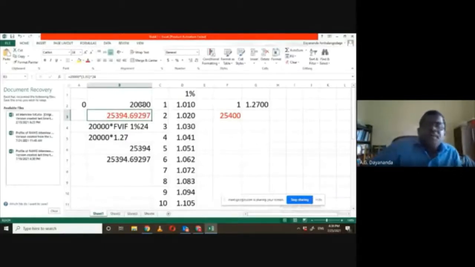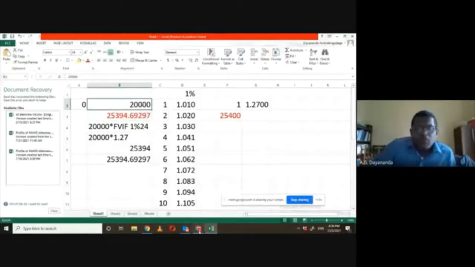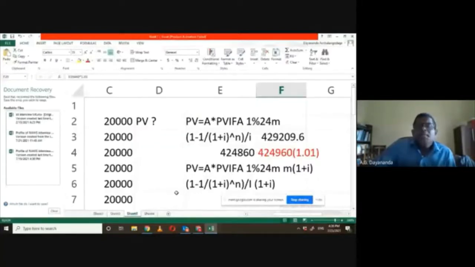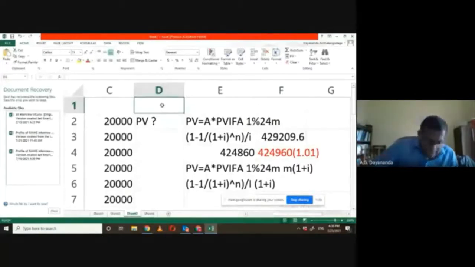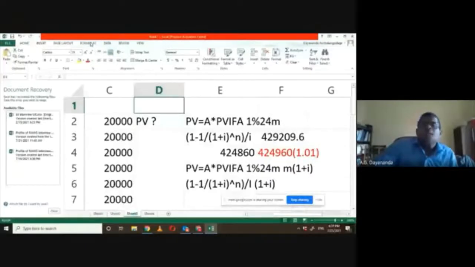Shall we go to another example? What I want to discuss with you is the application of Excel. As I told you, you can go to the formula, the Excel financial calculator.